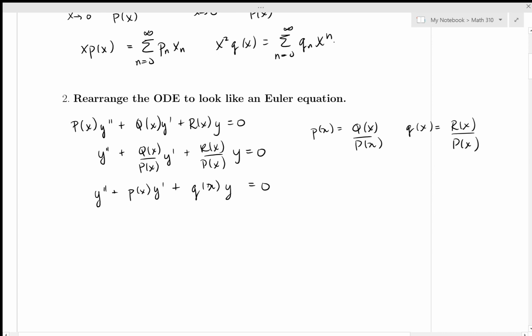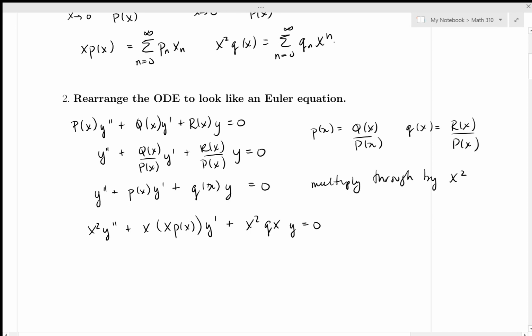Okay, I'm going to multiply through by x squared. And I'll get this equation here: x squared y double prime plus x times x p of x, y prime. So I've just separated the x squared on that second term into two x's. You'll see why in just a moment. And then I have x squared q of x, y equals 0.